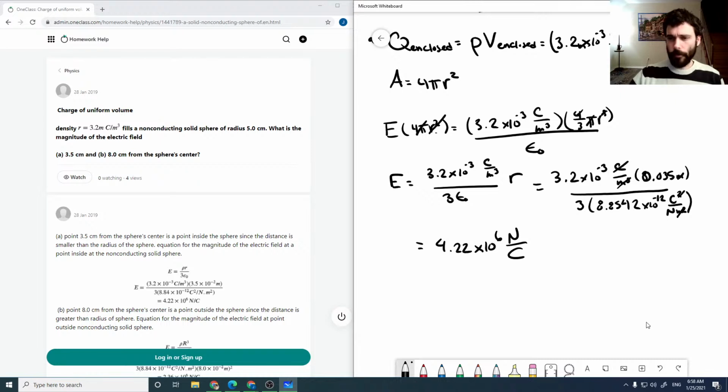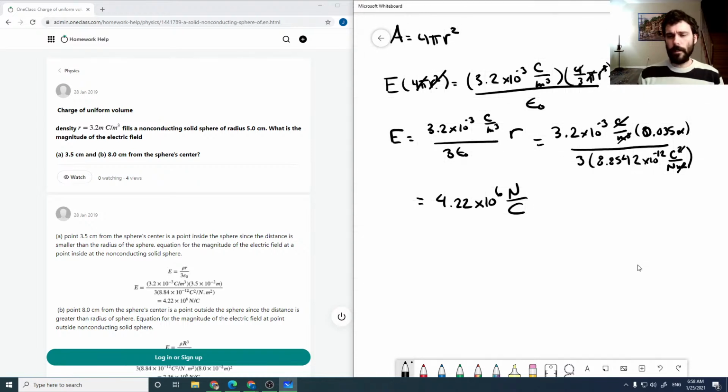Okay, and then for B, it's outside the sphere. So then EA is equal to Q enclosed over E naught. Q enclosed in this case is the entire sphere.